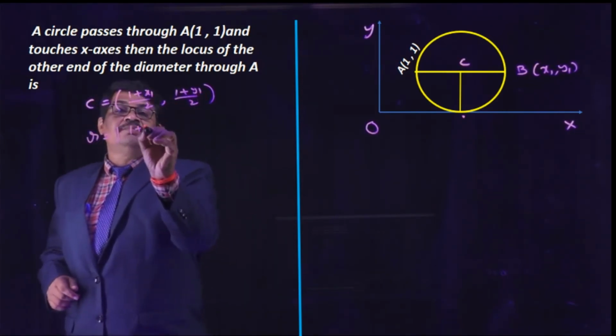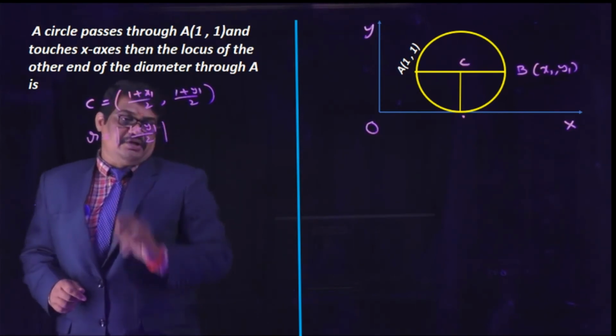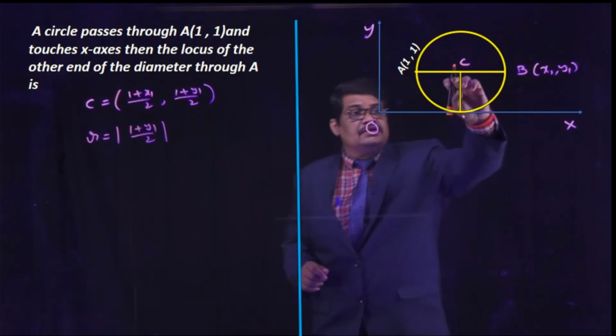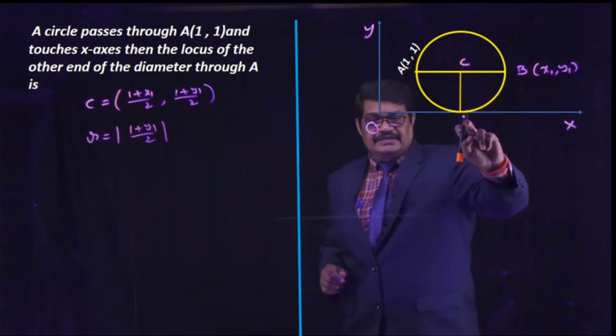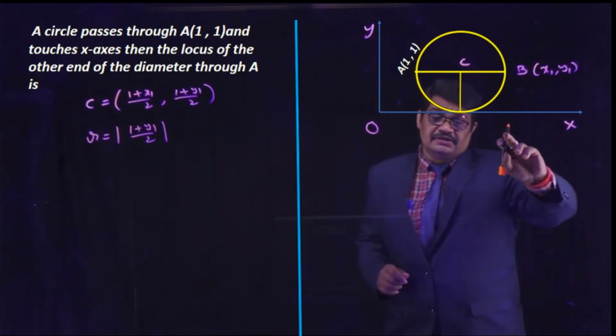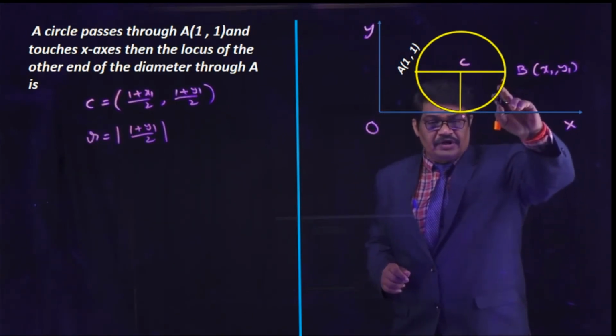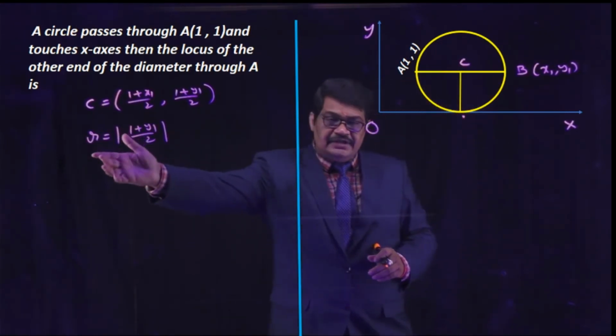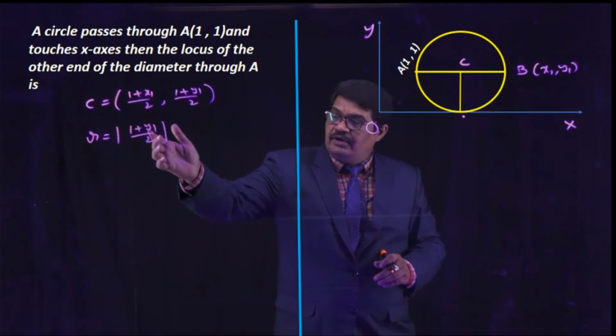That is (1 plus y1) by 2. This is the radius of the circle. Since the circle touches the x-axis, the radius is the modulus of the y-coordinate of the center. So the radius is (1 plus y1) by 2.